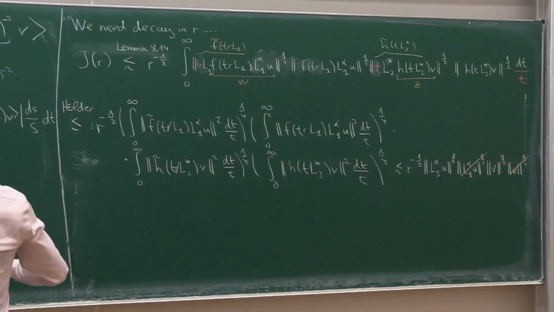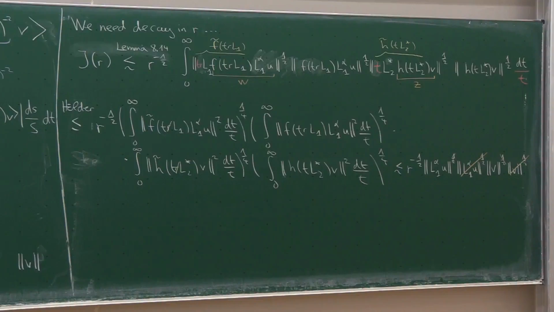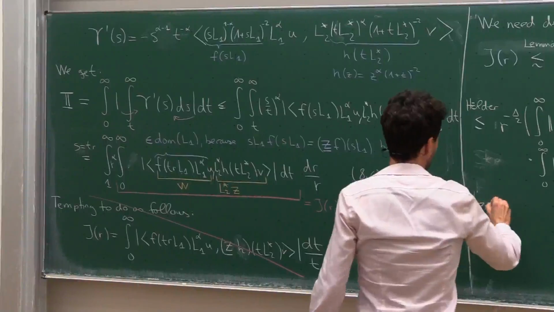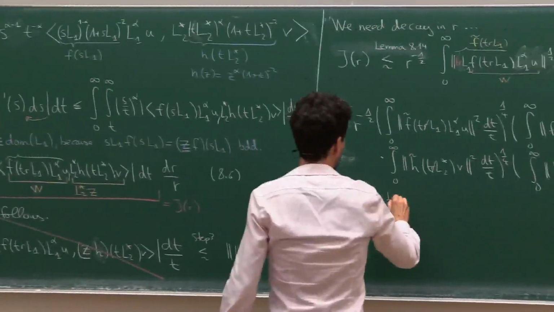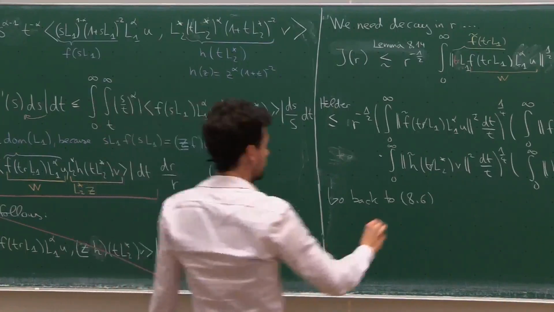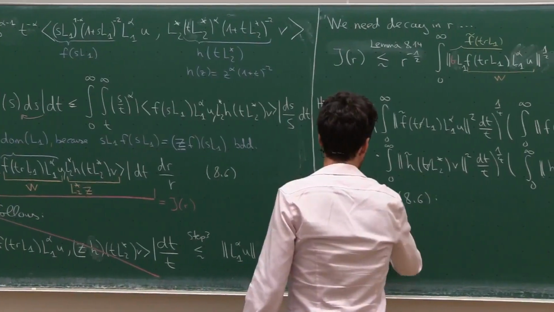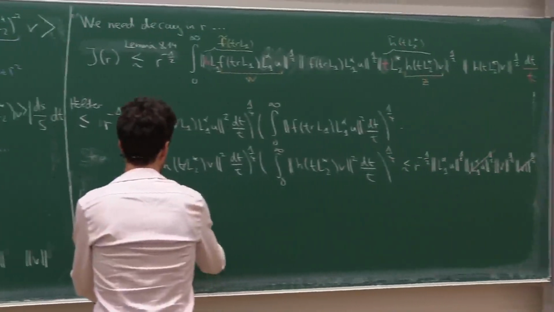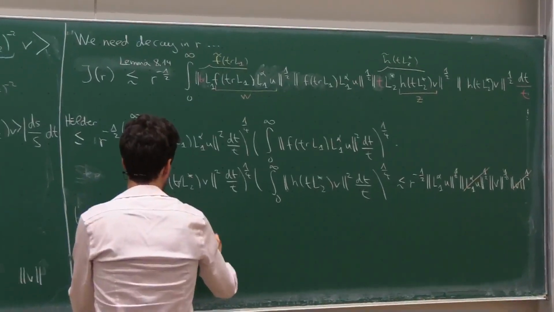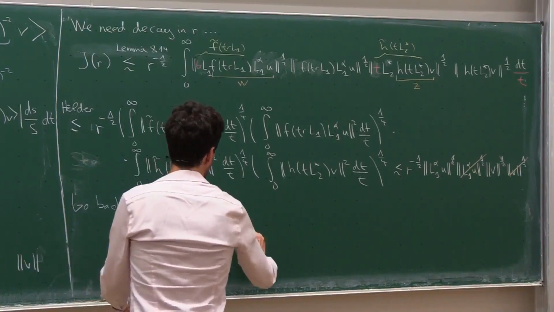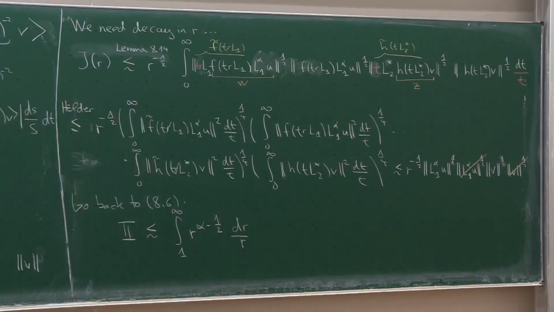So now I can go back to this. So I think this one we call 8.6. And I say go back to 8.6. It says that 2 is bounded by the integral from 1 to infinity over r to the alpha minus 1/2 dr over r.